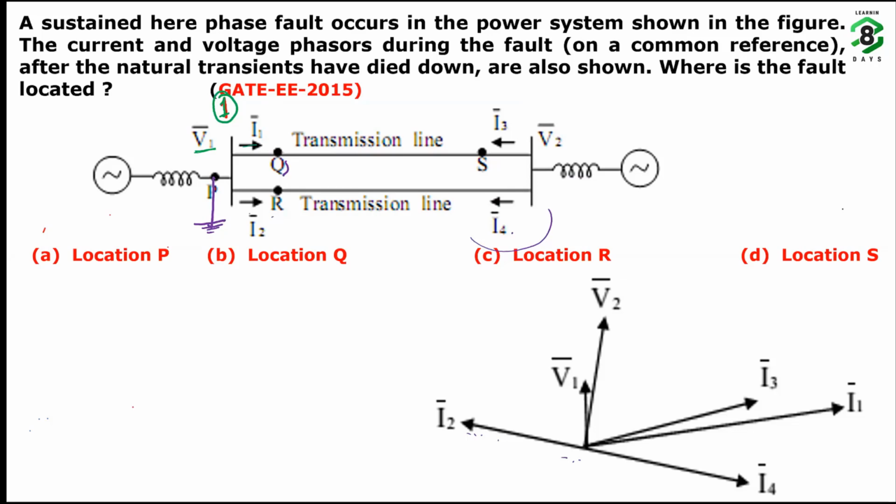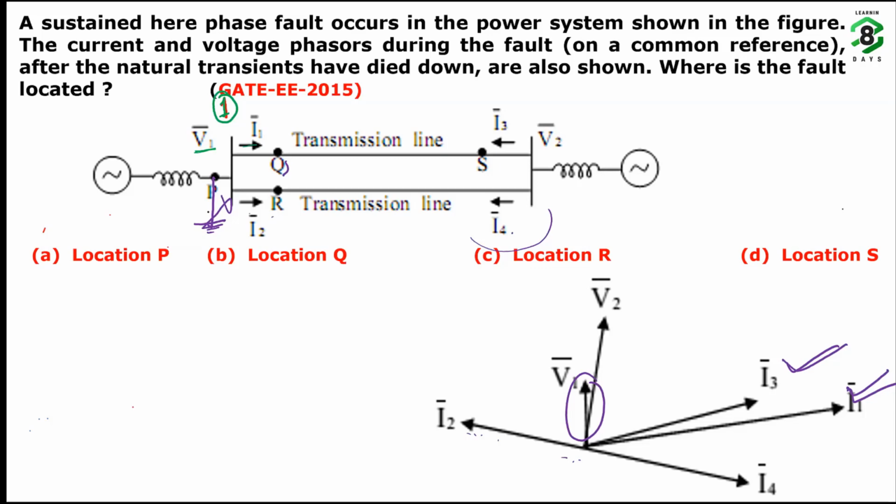Since the fault is occurring behind the bus bar, V1 should lag I1 by 90 degrees, and V1 should also lag I2 by 90 degrees. But here, V1 is leading both I1 and I3 by 90 degrees. So we can eliminate this condition. The fault is not at P.